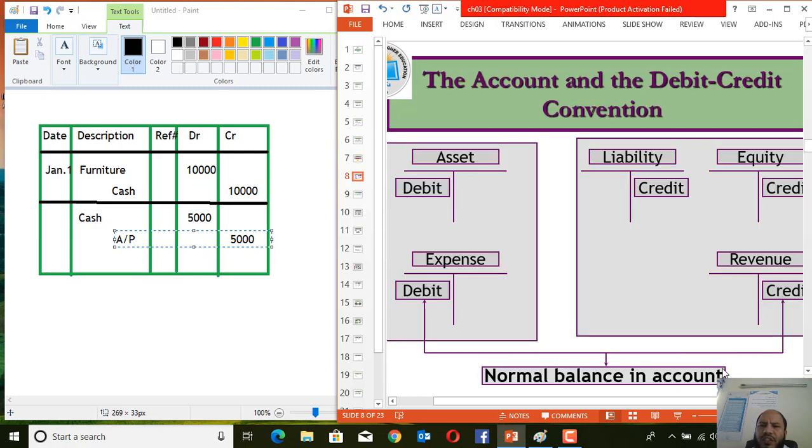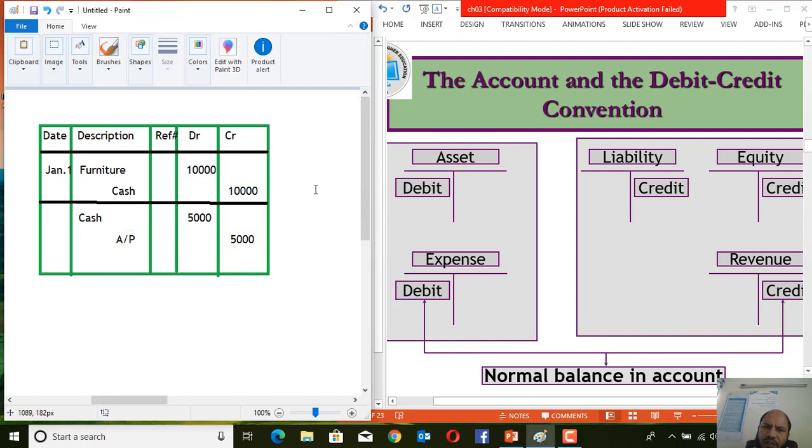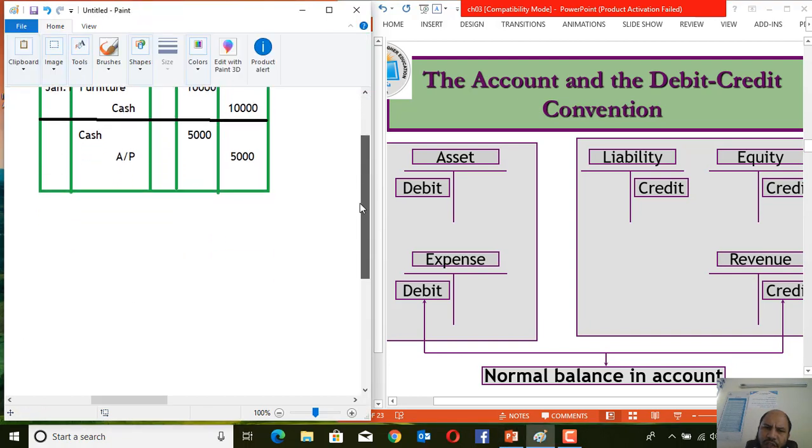Dear students, here in this slide you will know about the rules for debiting and crediting the accounts. When there is an increase in assets and expenses, we will record this in the debit record. But when there is an increase in liabilities, owner equity and revenue, we will record that at the credit side. We have already discussed it, but let me explain again.